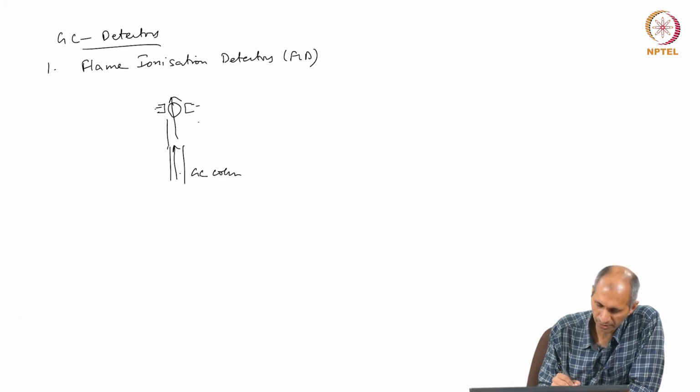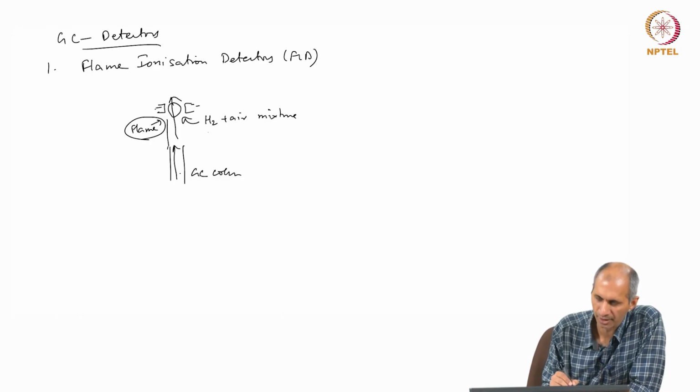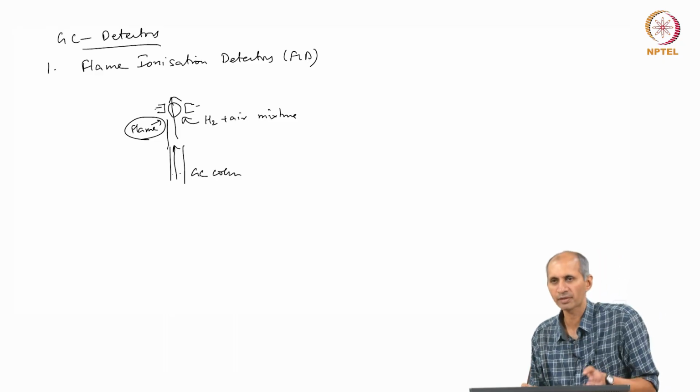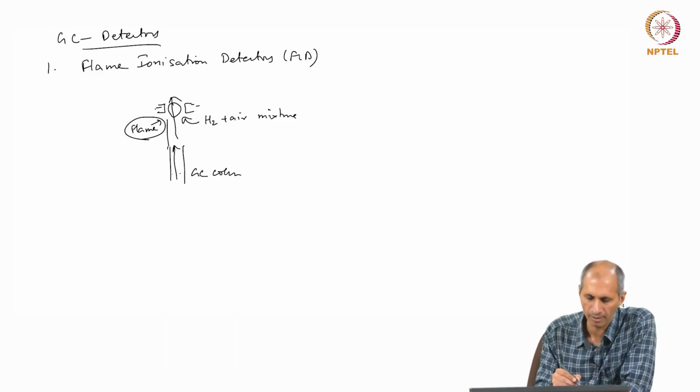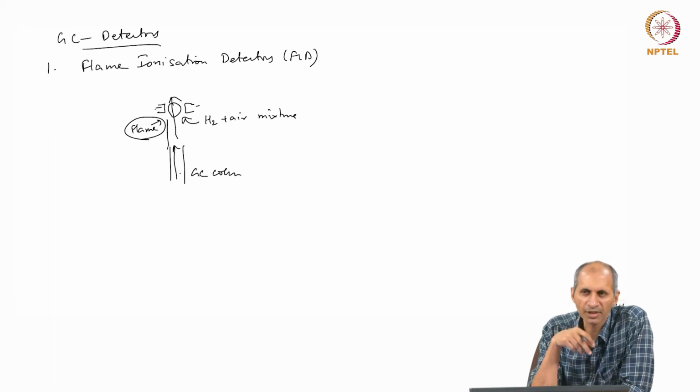To burn you need to provide a fuel, so a mixture of hydrogen and air is added at this point. This flame is burning constantly, and whatever is coming in also burns. When it burns, it changes the resistivity between these two electrical points. So, it is measured as a signal. If you have more hydrocarbons, more burning happens, and therefore the signal goes up and comes down.